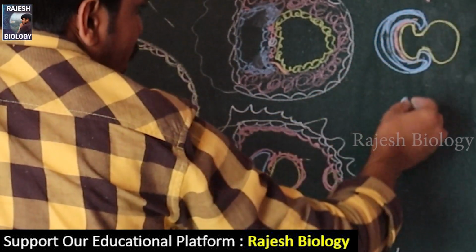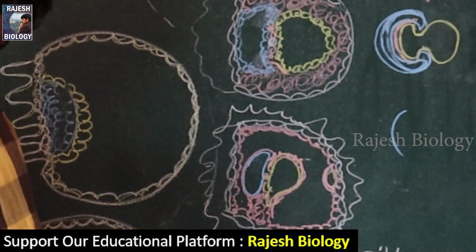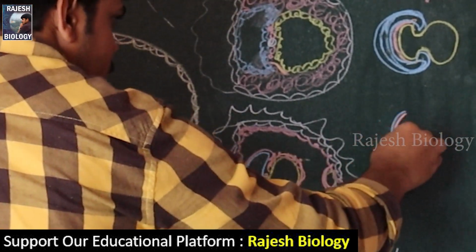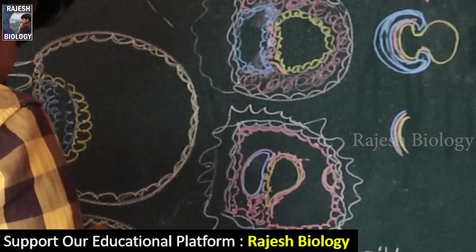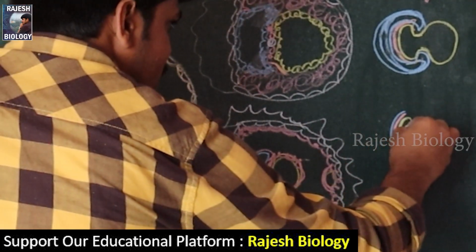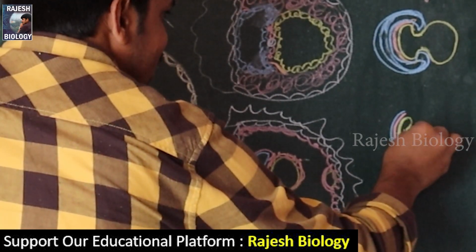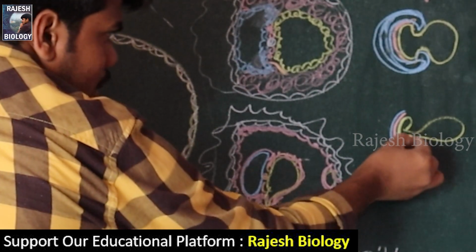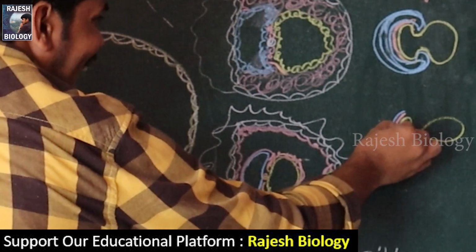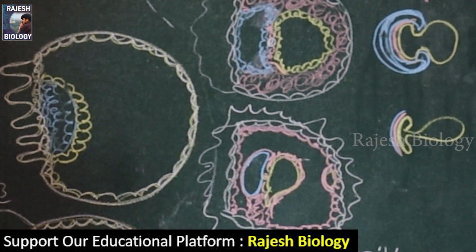So it is the embryo with ectoderm, mesoderm and endoderm. This endoderm is going to form a stalk-like structure from where the yolk sac is developed. If you observe this, it acts like a future gut, the embryonic gut.